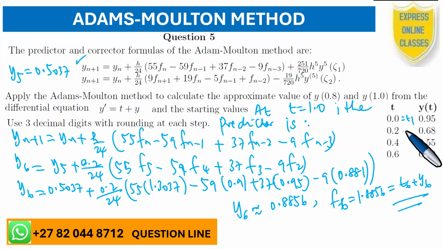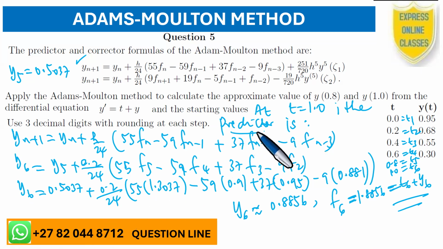If this one is t1, t2, t3, t4, t5, t6. Okay, so that's what we're getting.